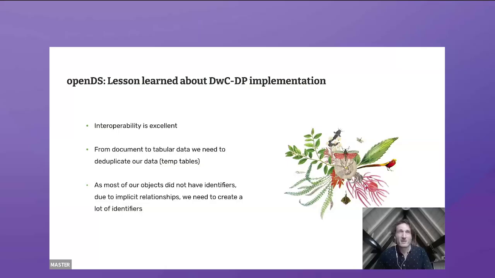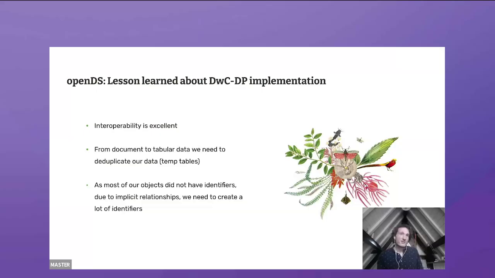So what are the lessons that we have learned from this implementation? Well, the interoperability is good. We don't lose a lot of data in the transformation. We do need to do some trickery, in the sense that we have this document approach, and a lot of the relationships are implicit because they're nested in this bigger object. We don't need specific identifiers for them.